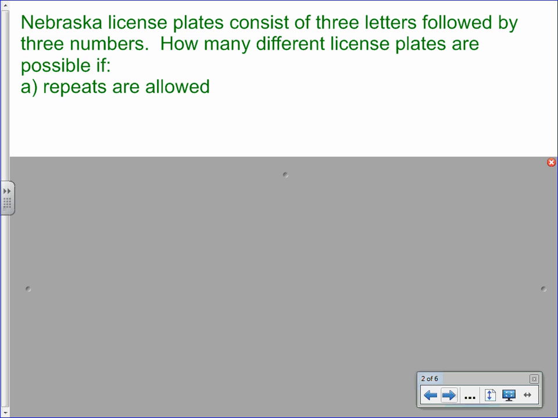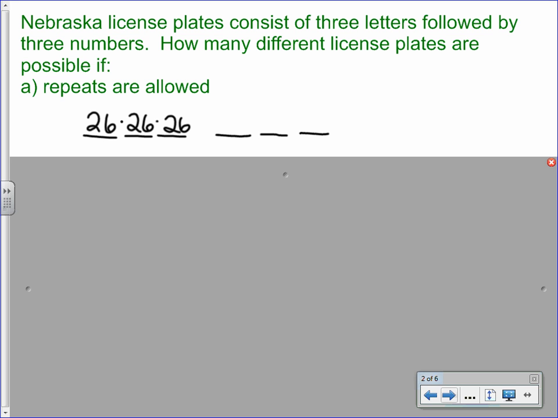Okay, so this is what I like to do to help me out. We have 3 letters followed by 3 numbers. How many different choices do I have for my letters? 26. And repeats are allowed. So for each letter I have 26 choices.